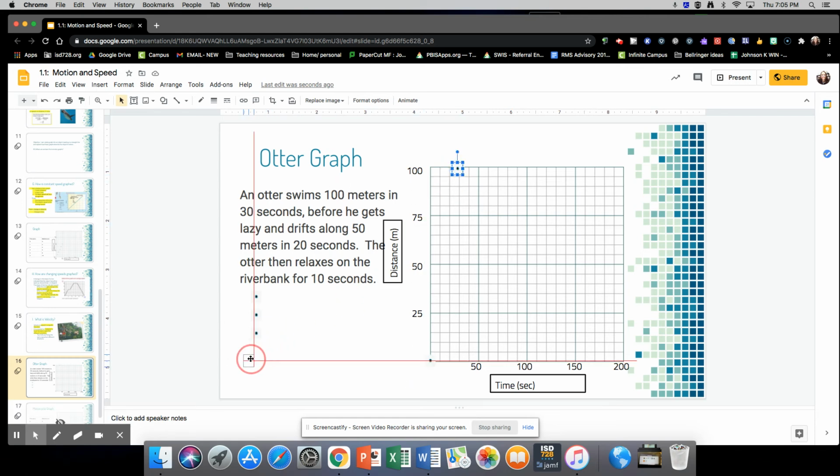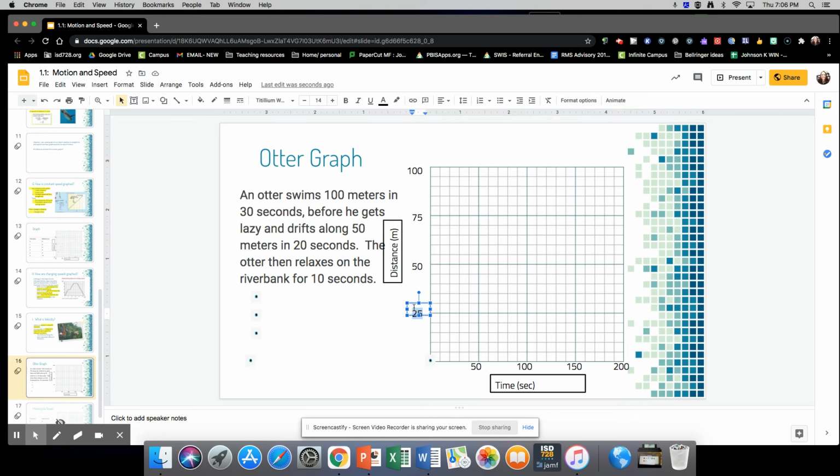I'm going to take this off because he goes 100 meters and then he goes 50 more meters, right? So I need to change my measurement here. I'm going to use the same measurement that I used along the bottom. Whoops. Sorry about that. Thought I had it all ready for you.